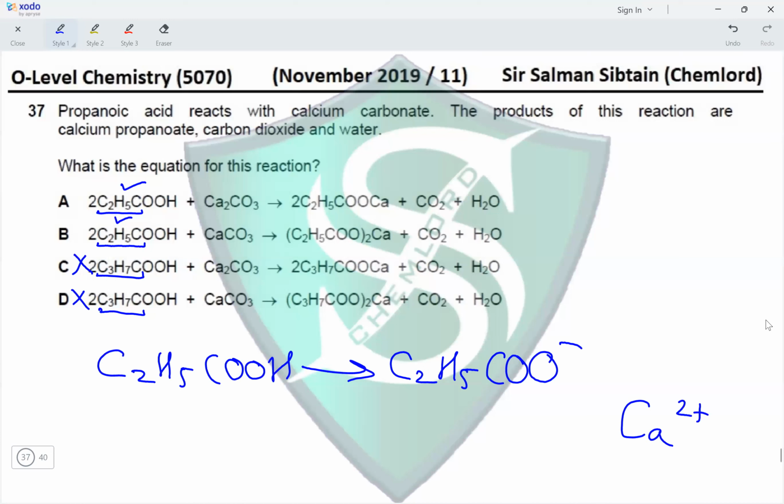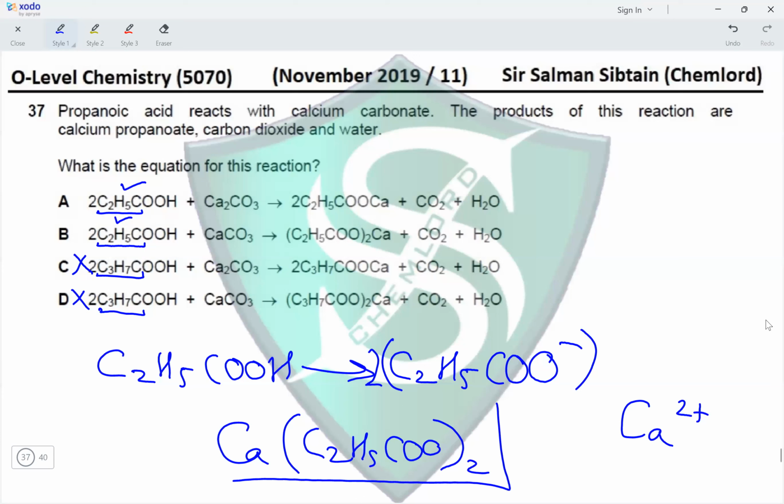So calcium will bind to 2 moles of C2H5COO minus, producing the salt Ca(C2H5COO)2, taken twice. This is the salt being formed. This is the salt present in B and not in A, making B the correct option for this question.